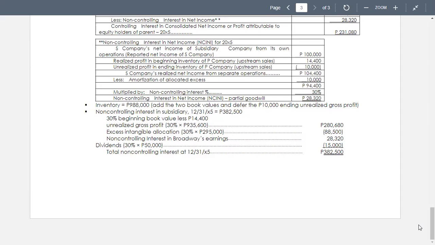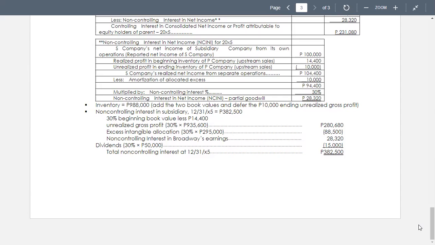Okay, so we begin in computing the consolidated net income for 20x4. We begin with P company's net income from own operations of 3.6 million. Then we add realized profit in beginning inventory of S company, 54,000.